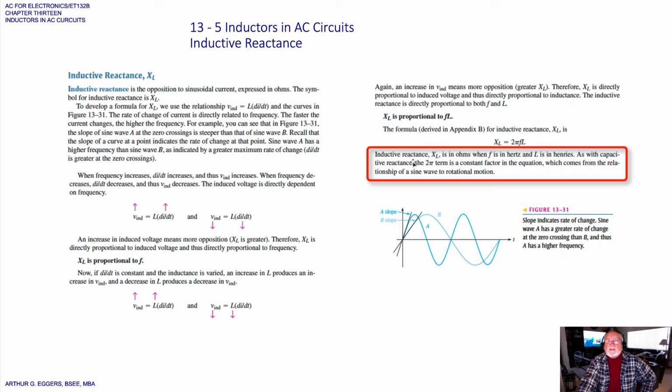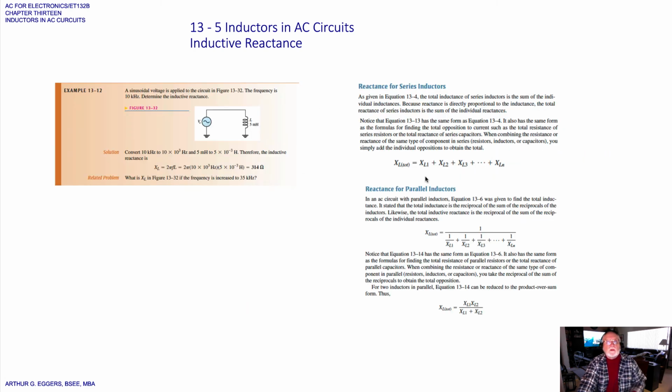As with capacitive reactance, the 2 pi term is a constant factor. Okay, it's just tying in the periodicity of the sine wave going from 0 to 360 or 0 to 2 pi, which comes from the relationship of a sine wave to rotational motion.